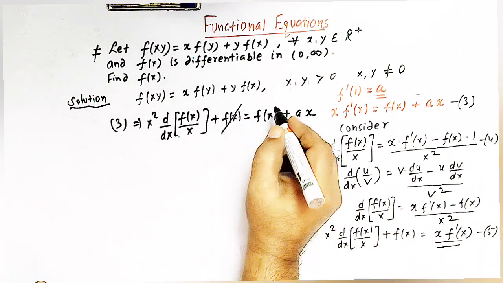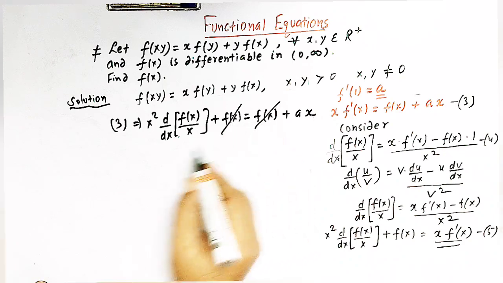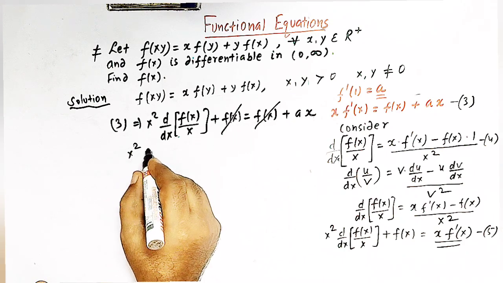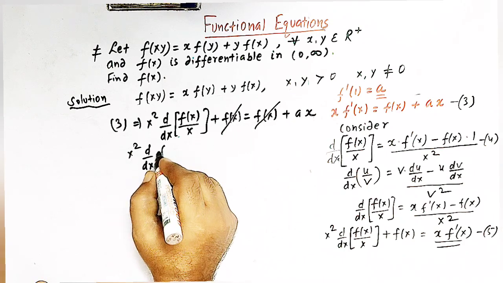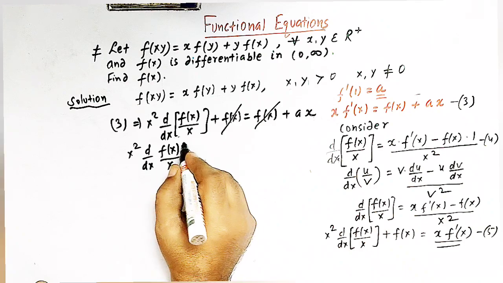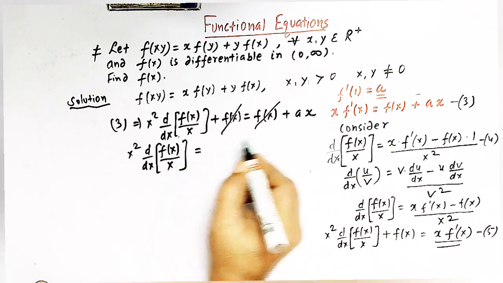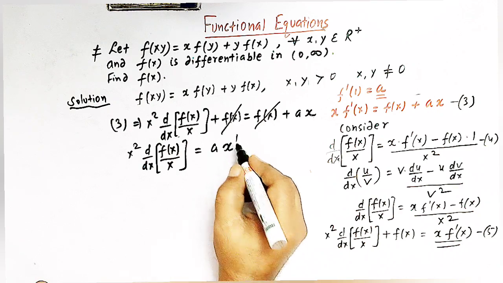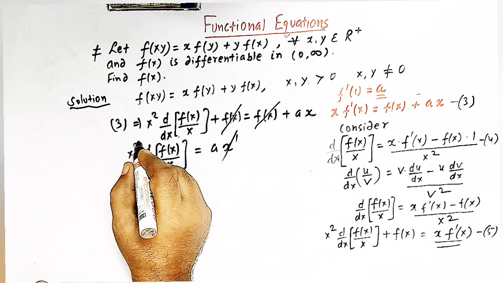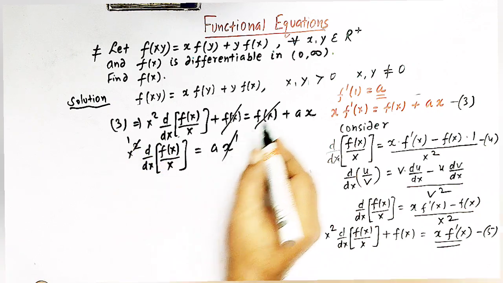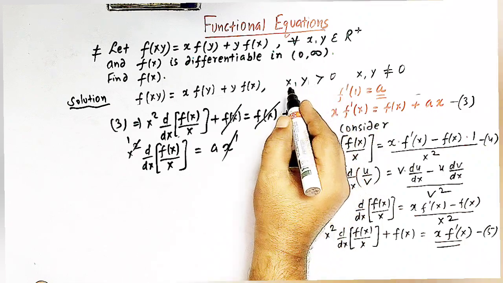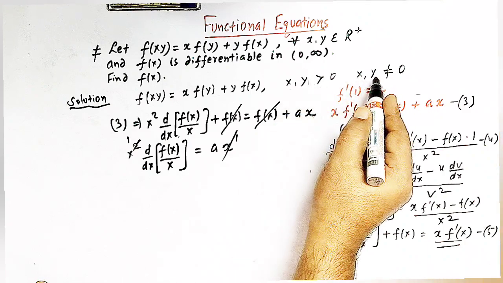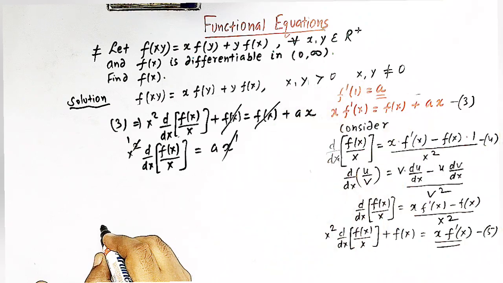So now we can cancel out these two terms. So we are left with x square d by dx of f of x over x, and here we have ax, right? Now see here, this x and this x get cancelled, because we have already assumed that x and y are not equal to 0.